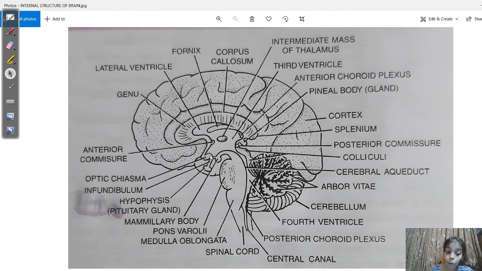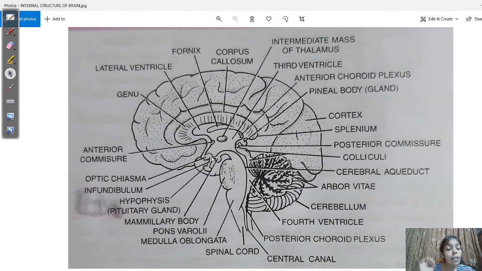Hypothalamus, a very important organ of our body, a very important part of the brain. Main function of hypothalamus is it controls the pituitary gland. How? By certain hormones.